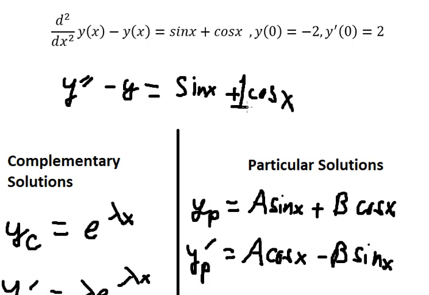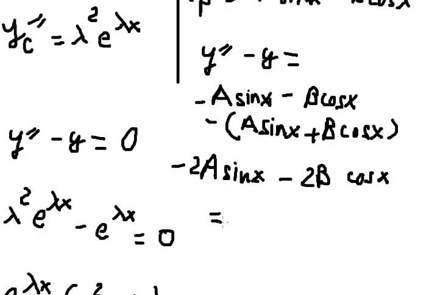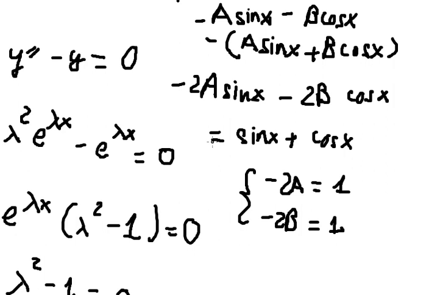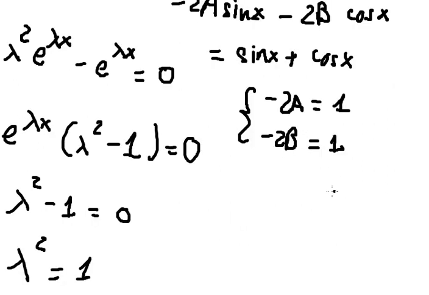This is positive 1. So in this situation, we have negative 2a equals 1 and negative 2b equals 1. Because we need to have the same coefficient here.